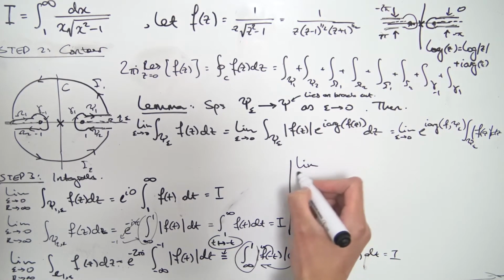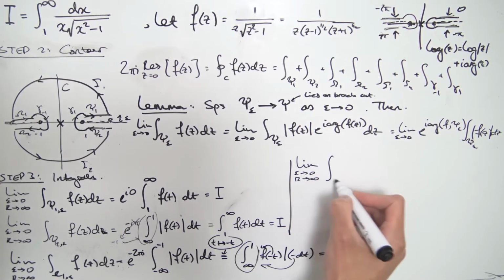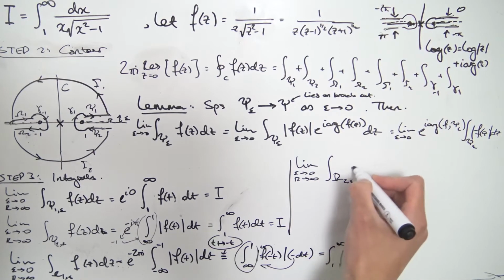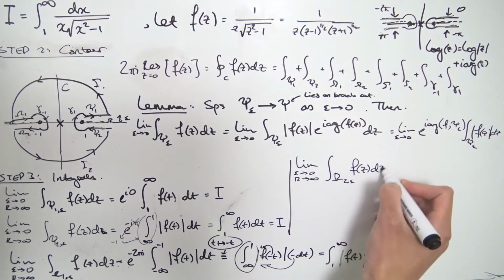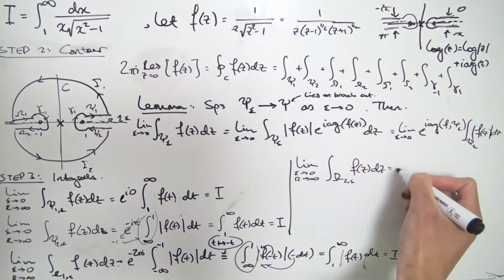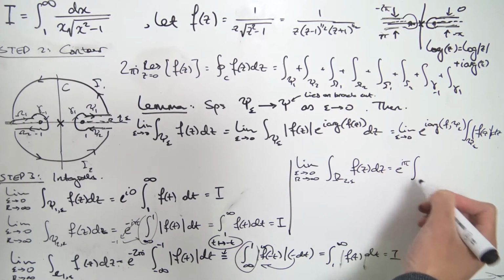So let's take the limits. Epsilon approaches 0, r approaches infinity. The integral over the next one is omega to epsilon of f of z dz. That's going to be approaching from below, that's e to the I pi. And we also have the integral.